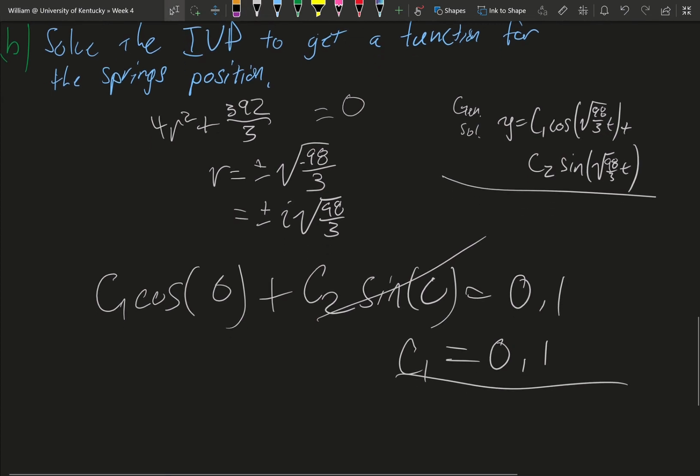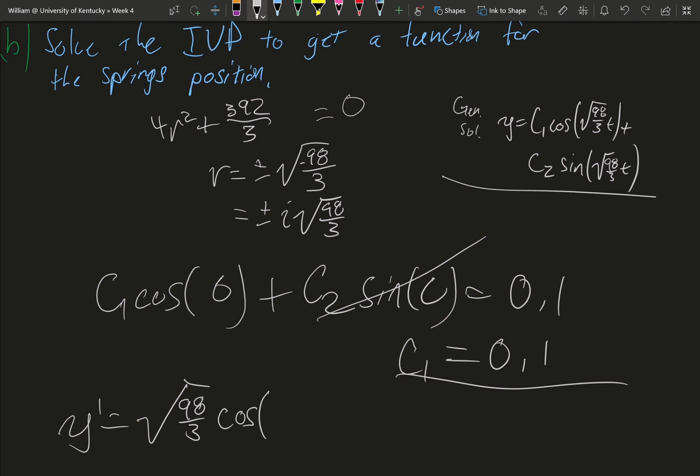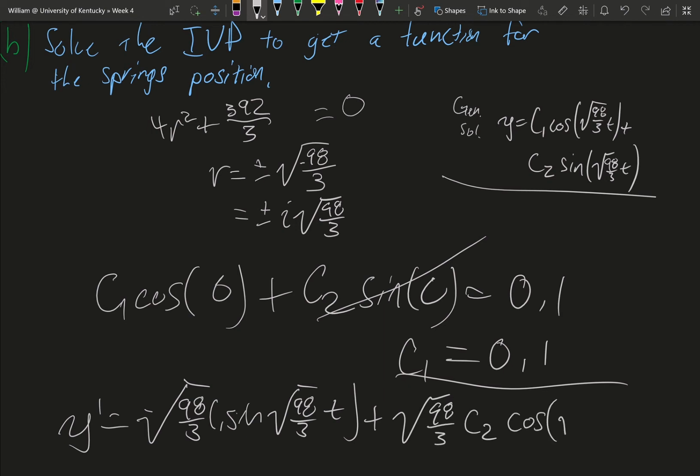For the derivative, y prime is equal to the square root of 98 thirds times C1, negative that sine, and then plus square root of 98 thirds C2 cosine.